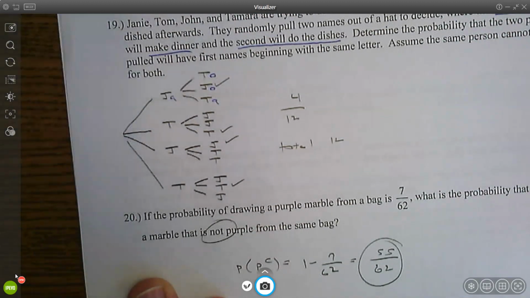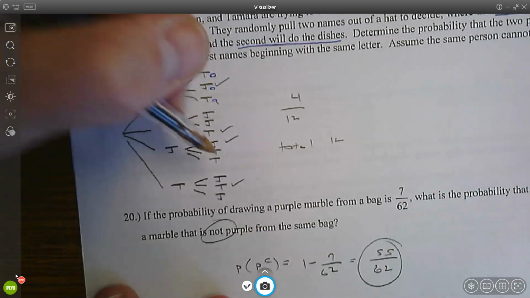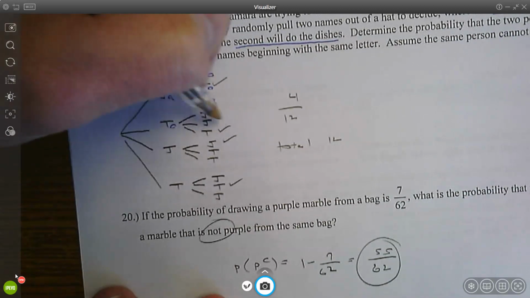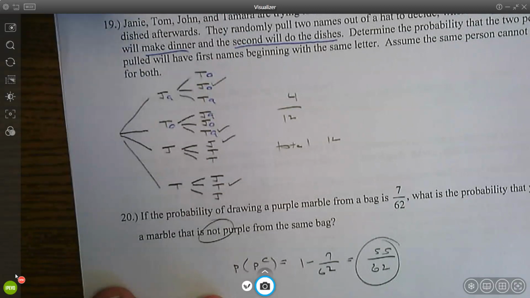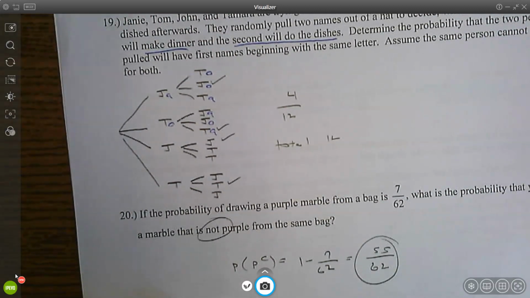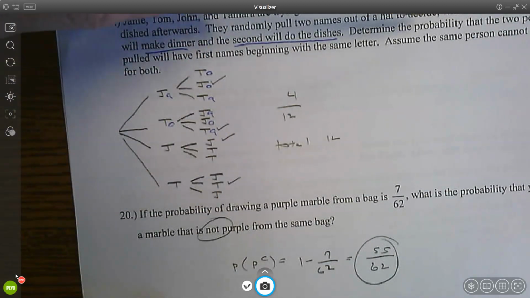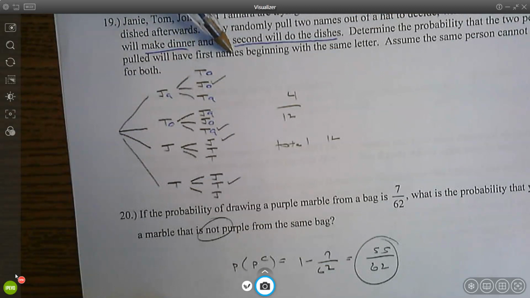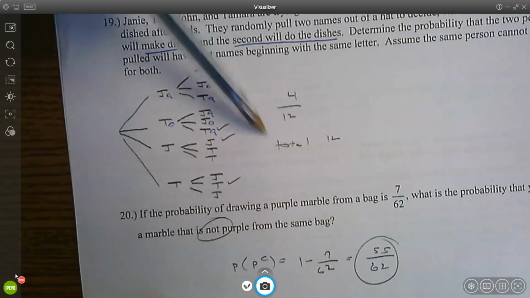I didn't put in the initials here, or the first couple letters. Then if Tom gets picked first, then only Janie, John, and Tamara are options. So it's done without replacement. So you have 12 total options. What's the probability that the 2 people pulled will have first names beginning with the same letter? So JJ, TT, JJ, TT, 4 out of the 12.